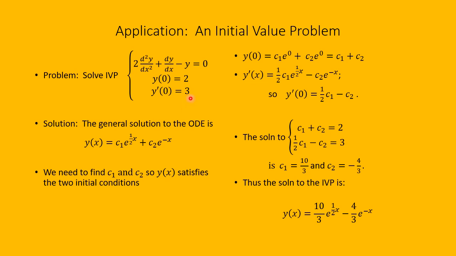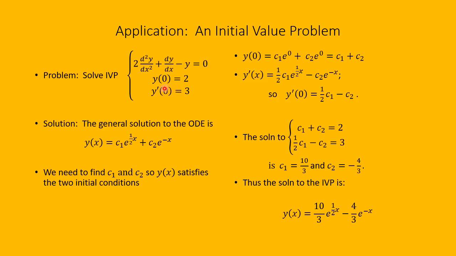Okay, well, we already found the general solution to this differential equation earlier in this lesson. And the general solution was c1 e to the half x plus c2 e to the minus x. So all we have to do at this stage, since we've already found the general solution, is to figure out what values of c1 and c2 we need in order to satisfy these initial conditions.